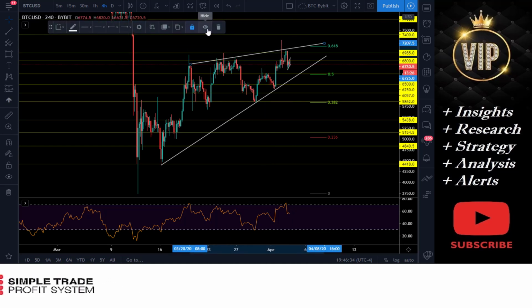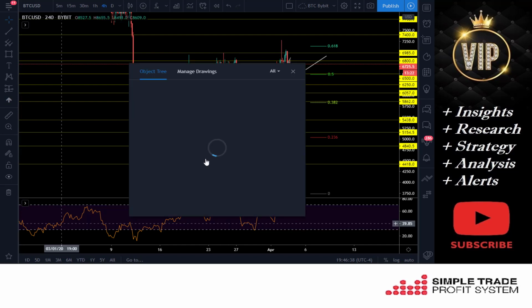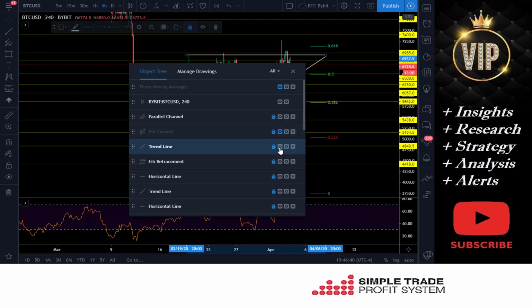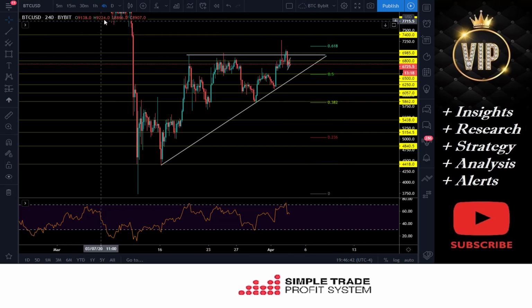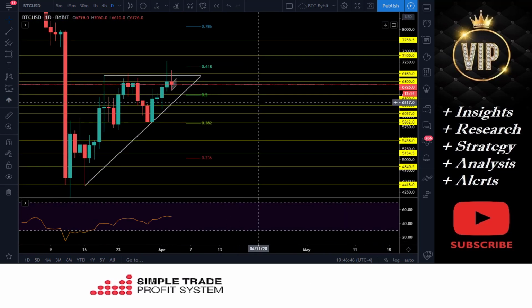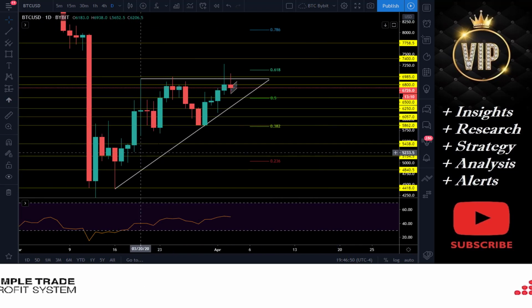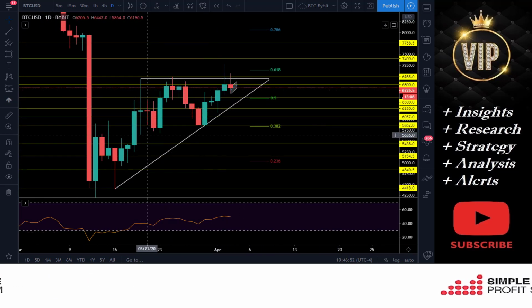But what I'm keeping my eye on is, and I have another trend line here that I want to take off, if I go to the daily chart, so the rising wedges typically break down, so that's a bearish sign. But on the daily chart, it looks like an ascending triangle.